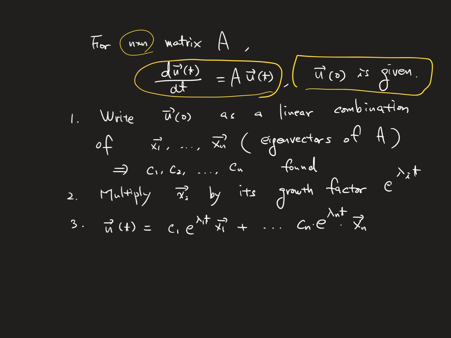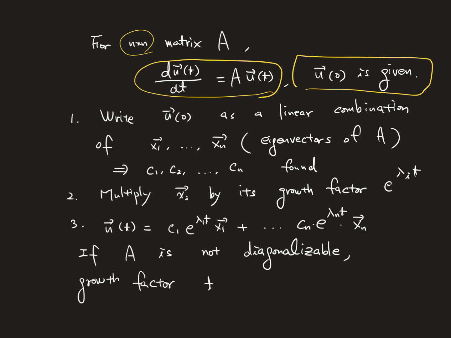If A is not diagonalizable, growth factors like t e^(λt), t² e^(λt), and t³ e^(λt) should be used.